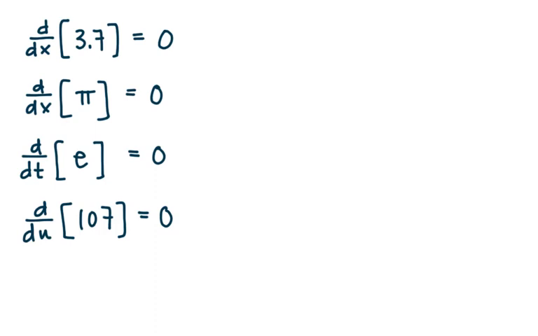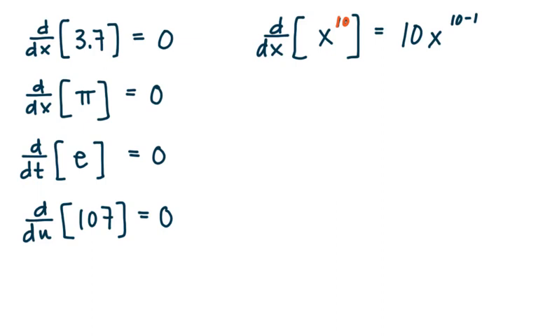All right, so considering our power rule, the derivative with respect to x of x to the 10th would become 10, that power 10 comes in front. So we have 10x to the 10 minus 1. This is going to become 10x to the 9th.